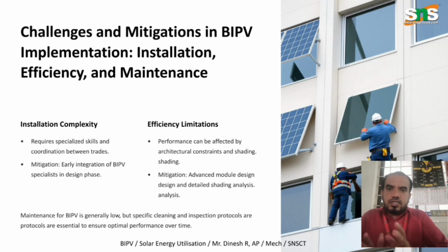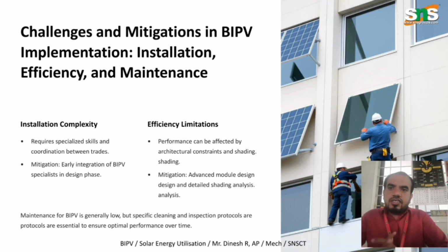We need specially skilled workers to install BIPV in tall buildings, and there should be proper communication between the workers in order to get more efficiency. Then early integration of BIPV specialists in the design phase. While designing the building, we need early integration so that we can generate energy from the start itself. These are the things we have to consider while installing BIPV.